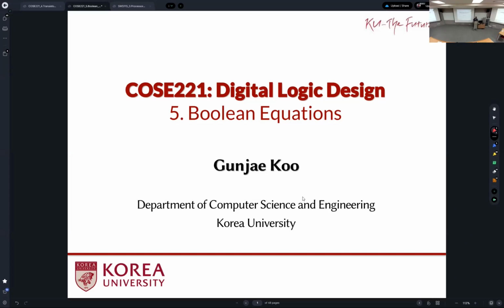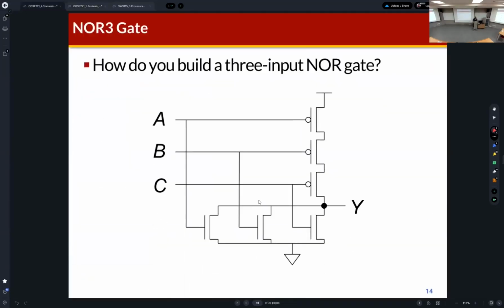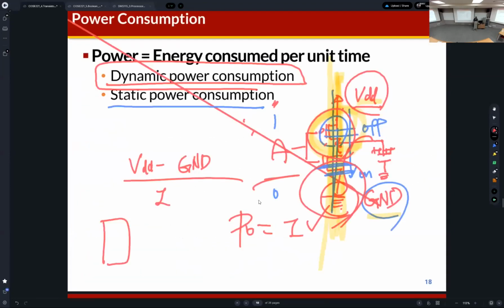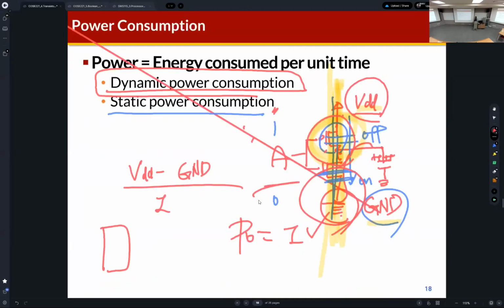I will briefly review what we learned in the previous class. We learned about the power consumption of digital circuits. You may think that we are learning about hardware topics of computer systems, which means the hardware works in the real world.